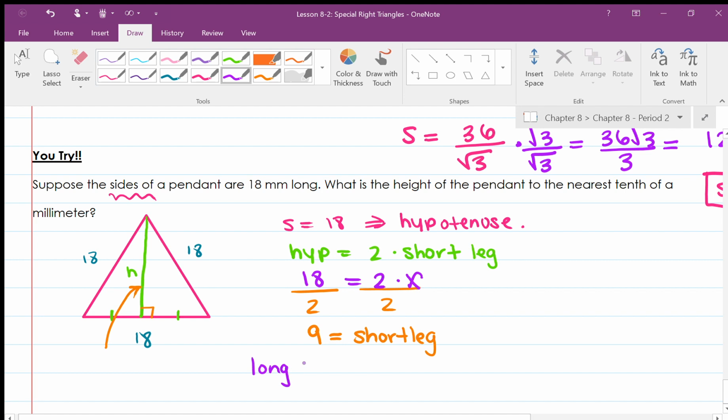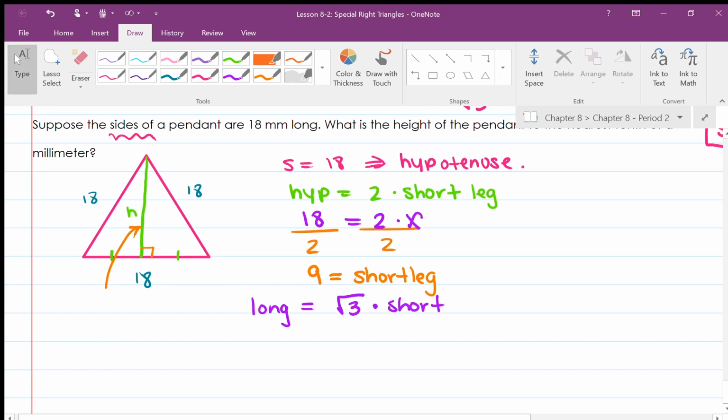So our longer leg is equal to the square root of 3 times the short leg, right? Which means our long leg, which we designated as h, is equal to the square root of 3 times 9. Or we could simply say 9 radical 3, which is approximately, decimal value is 15.5884577, something like that.